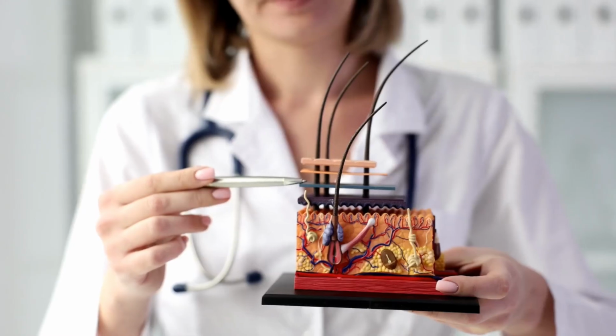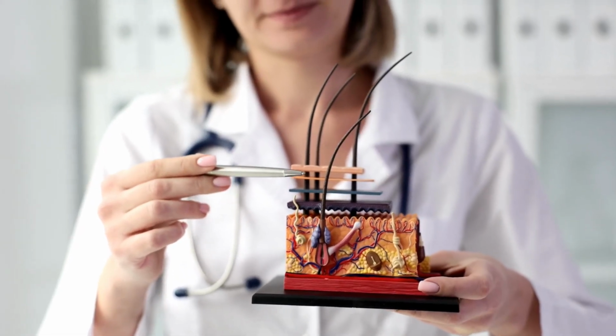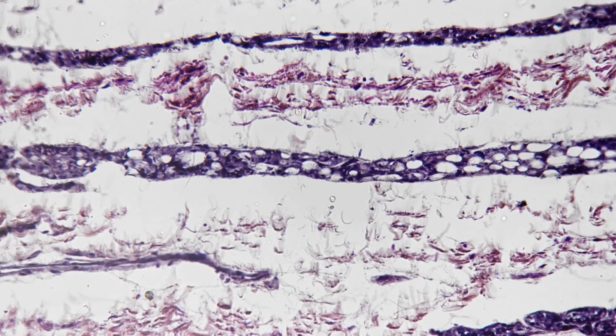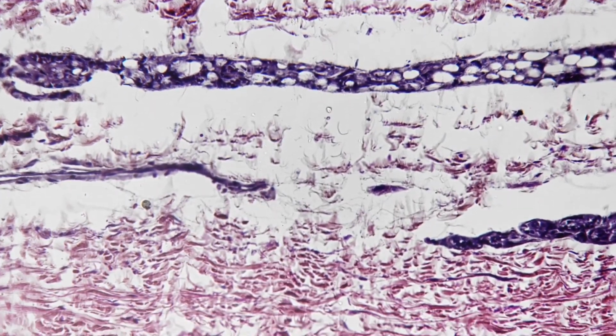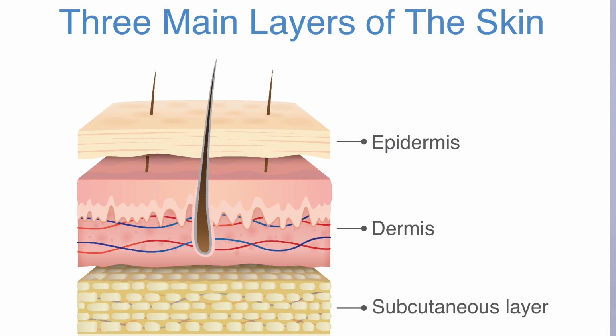The skin consists of 3 main layers: epidermis, dermis, and hypodermis. And each layer has its own function and is made of its own type of skin cells. So here on the picture, you can see that the skin is made of 3 layers.